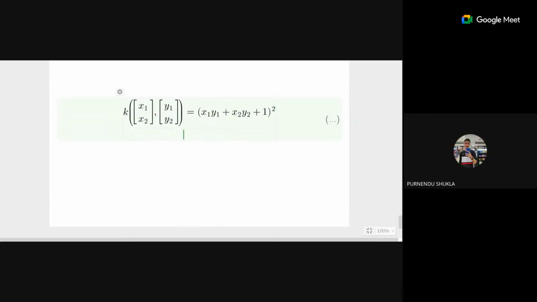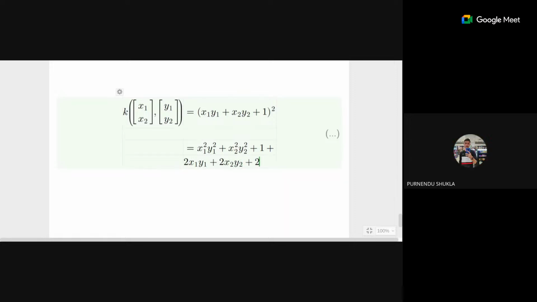And then you just expand this. So you will get x1 square y1 square plus x2 square y2 square plus 1, all that, and then 2 x1 y1 plus 2 x2 y2.